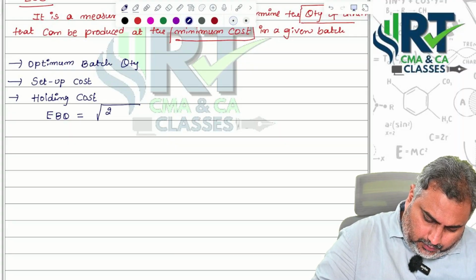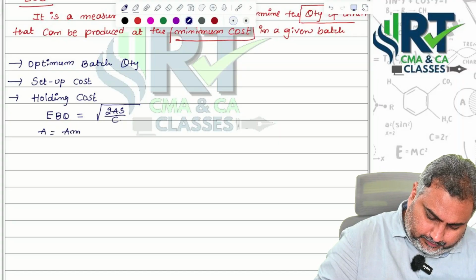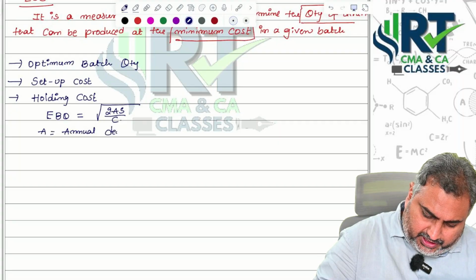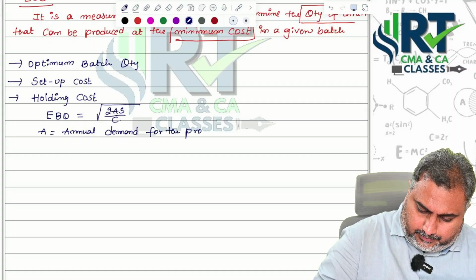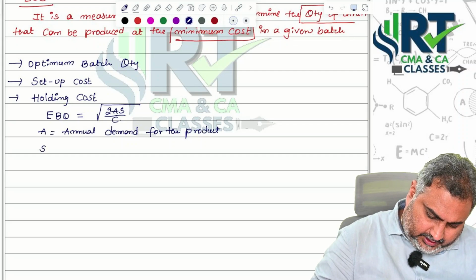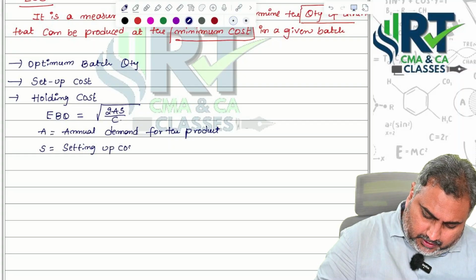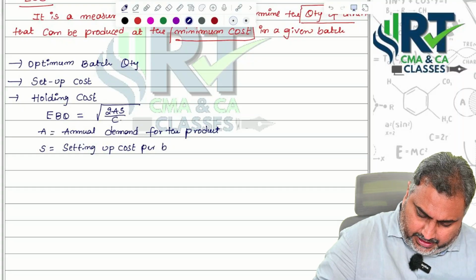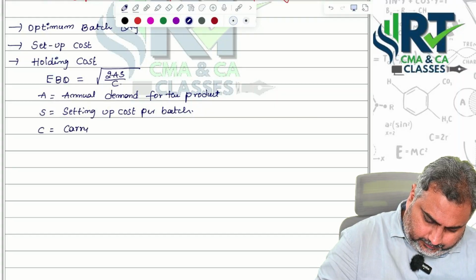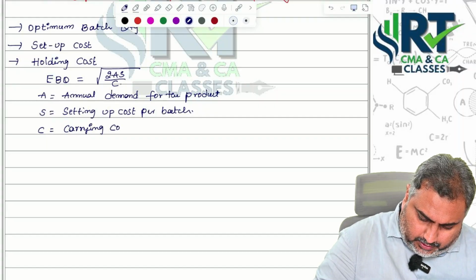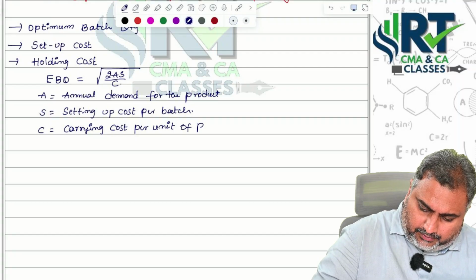Square root of 2AS by C. A equal to annual demand for the product, S equal to setting up cost per batch, C equal to carrying cost per unit of production.